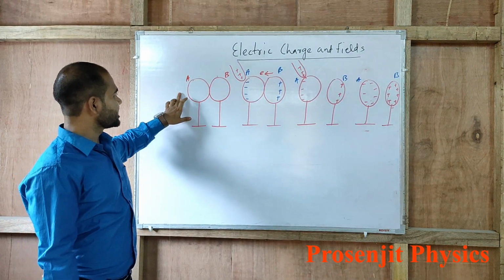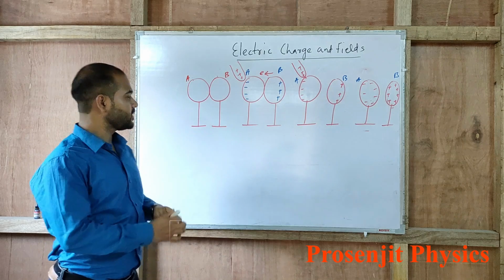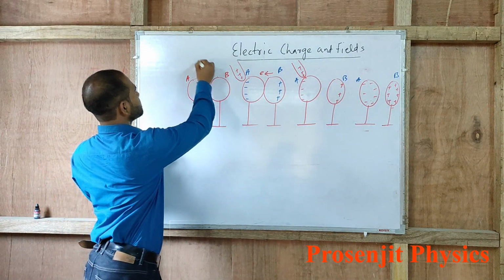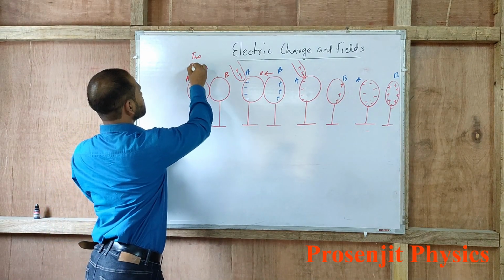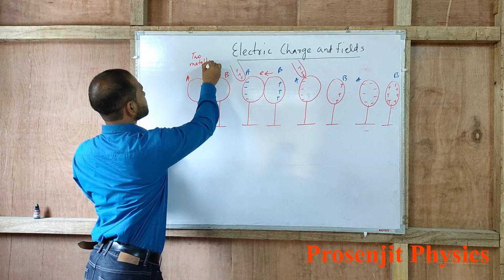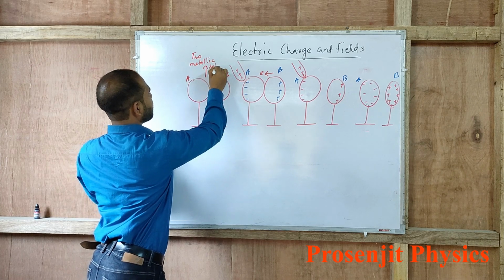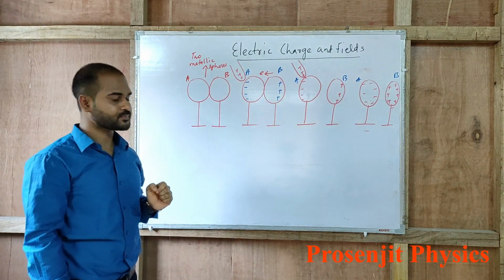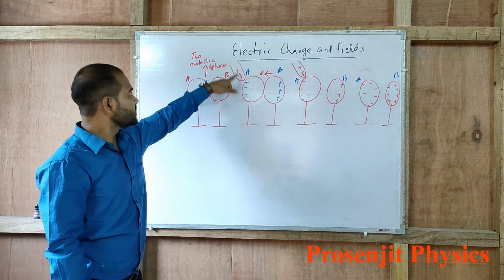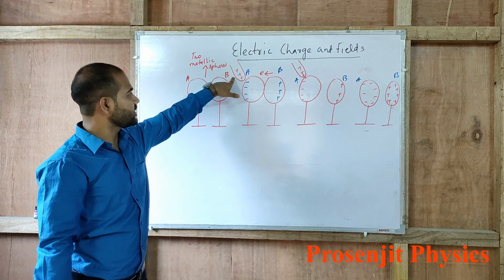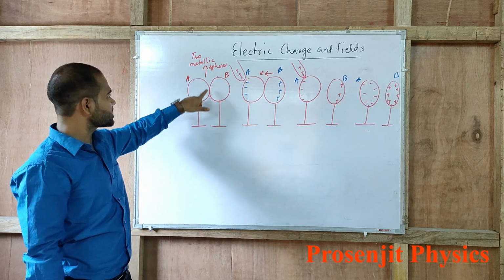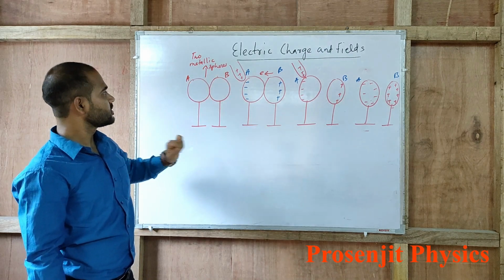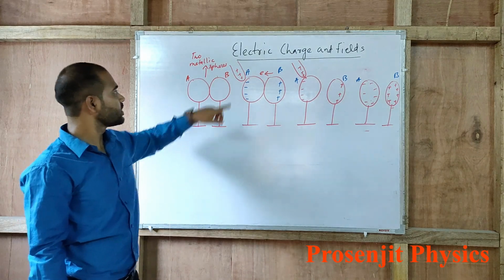Now one important case is if we have two metallic spheres in contact, then what will happen?